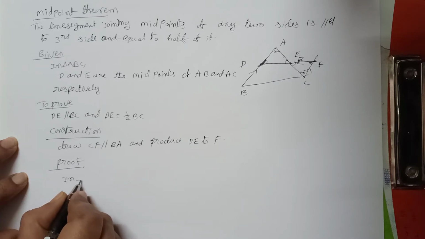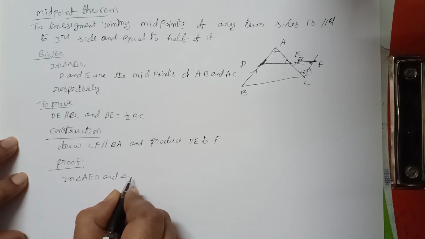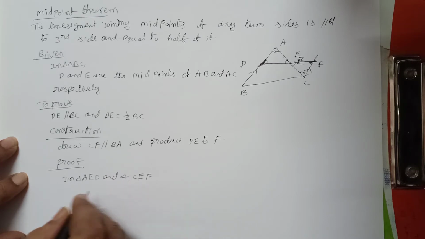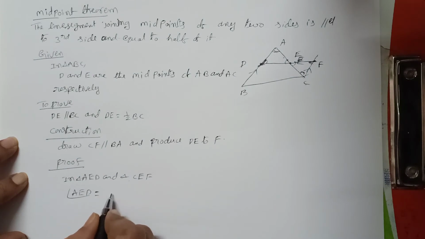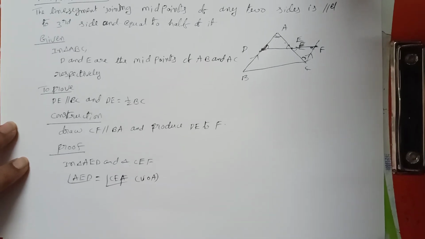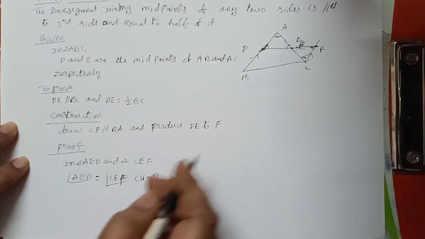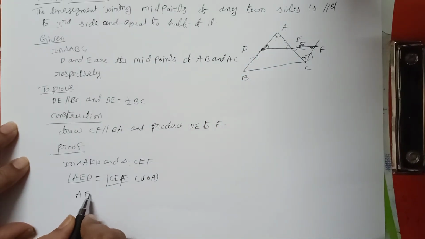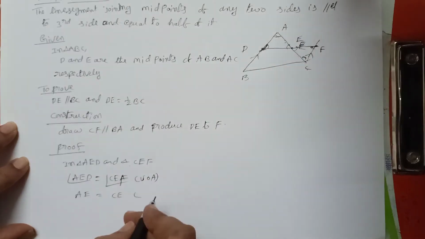In triangle AED and triangle CEF, angle AED is equal to angle CEF, vertically opposite angles. Next, AE is equal to CE since E is the midpoint of AC.